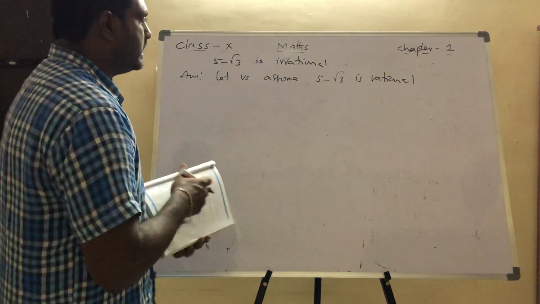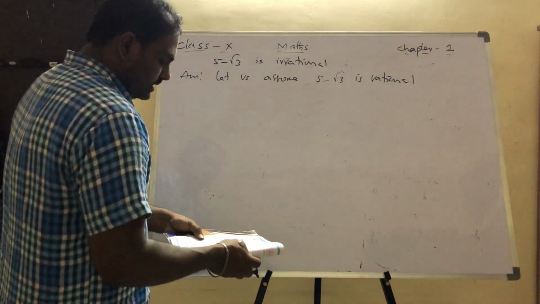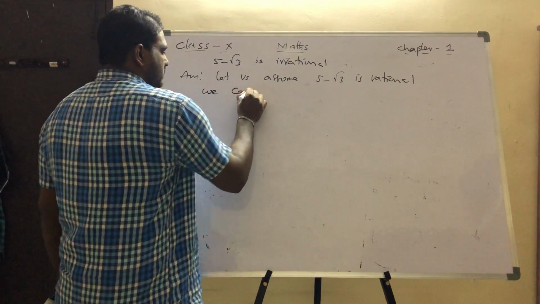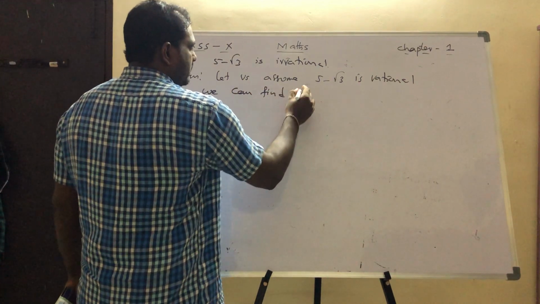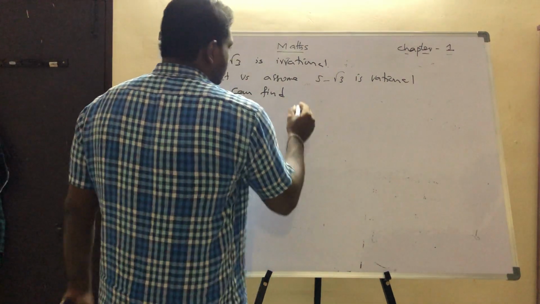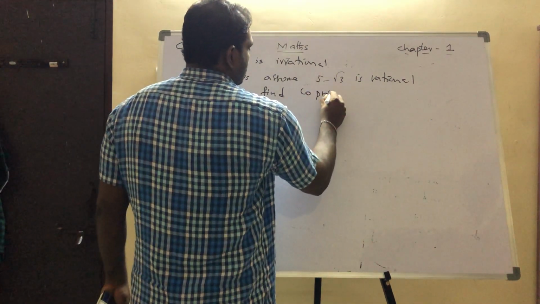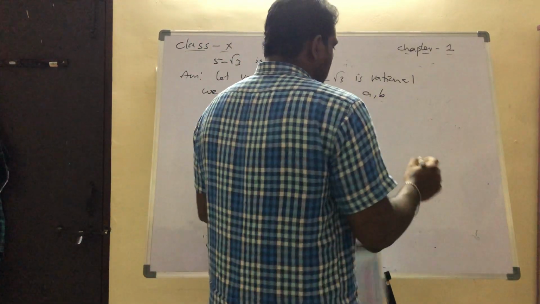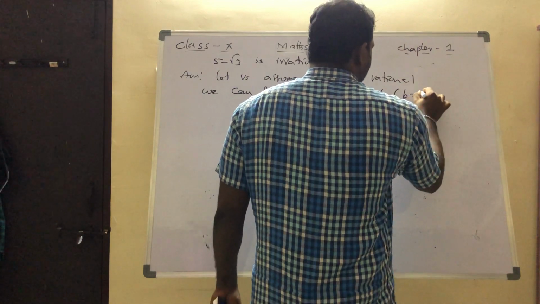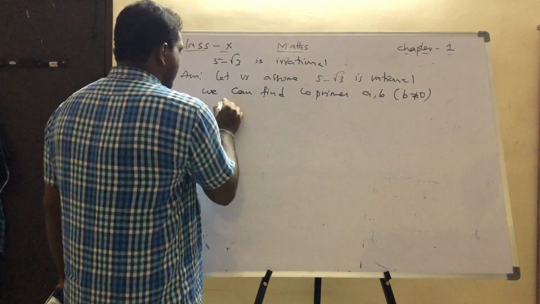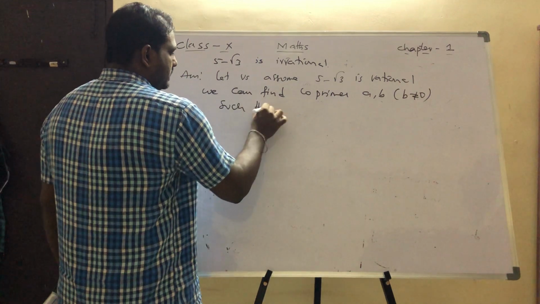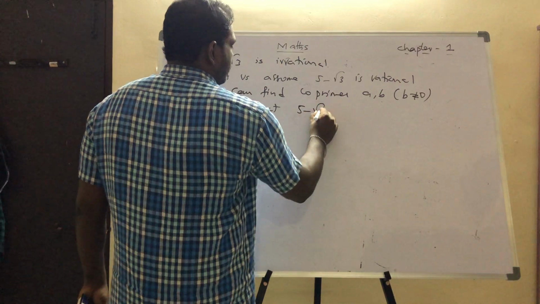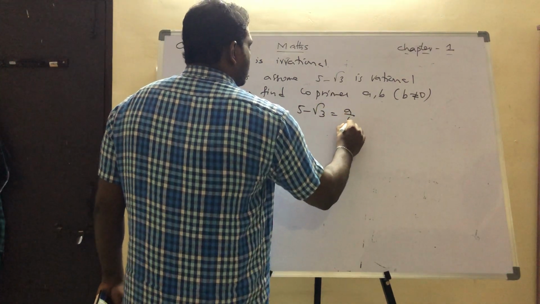So, since it is rational, I am writing directly, as in the test: since it is rational, we can find co-primes a, b, with b not equal to 0, such that 5 minus root 3 is equal to a by b.